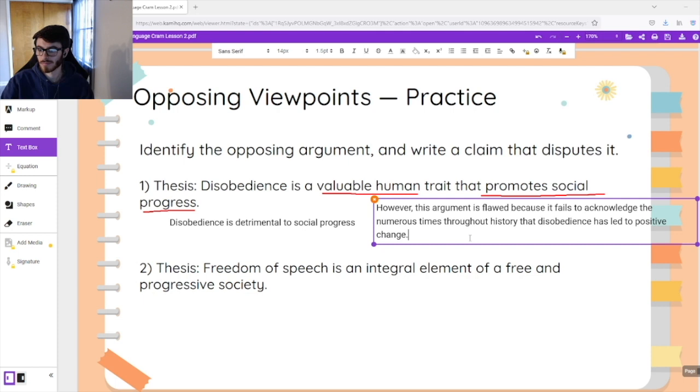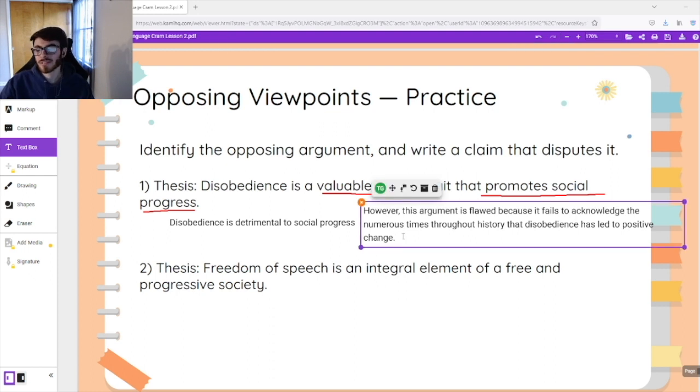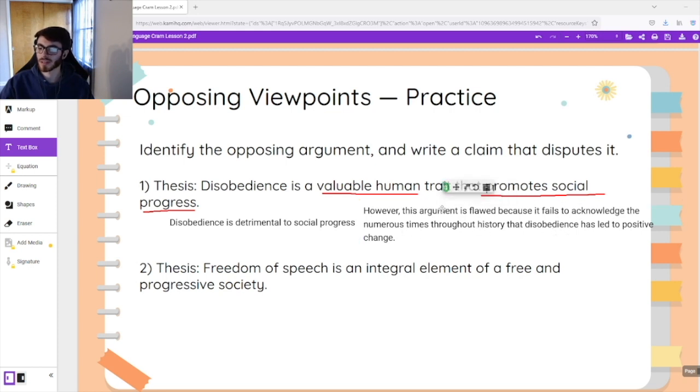Well, something like this. However, this argument is flawed because it fails to acknowledge the numerous times throughout history that disobedience has led to positive change. And then the rest of this paragraph would be giving evidence and commentary about how it fails to acknowledge that, or something like that.